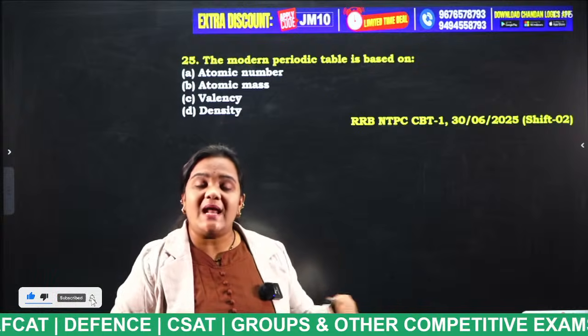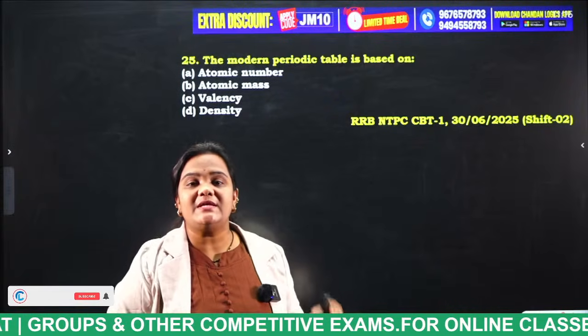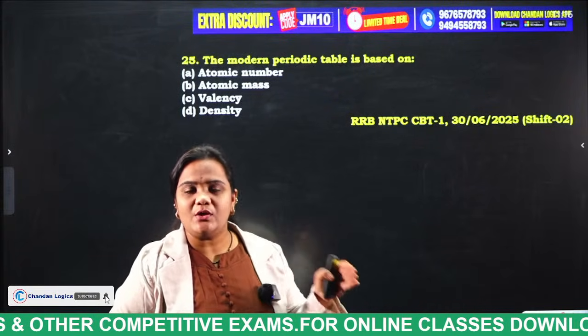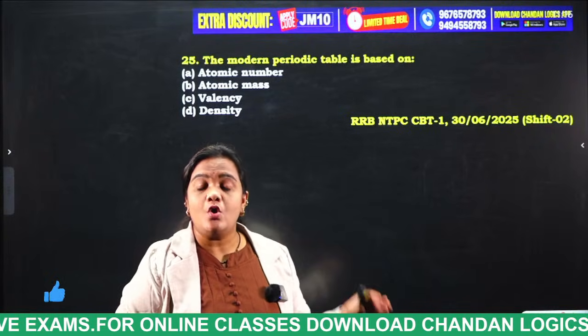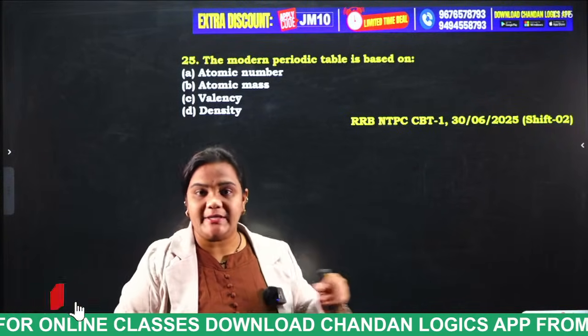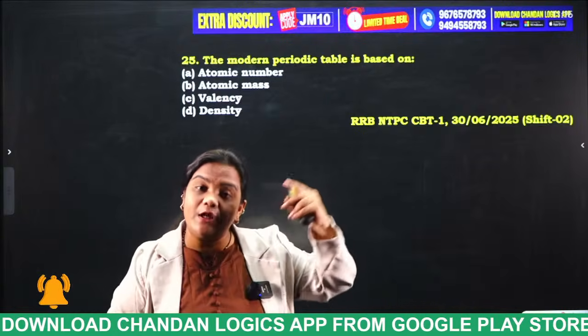So there are many drawbacks in Mendeleev's periodic table. In the upcoming days, around 1912 to 1915, Henry Moseley discovered the modern periodic table. Mendeleev classified the elements based on atomic mass.